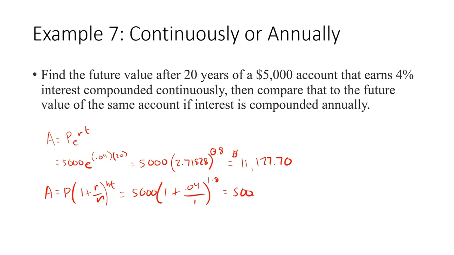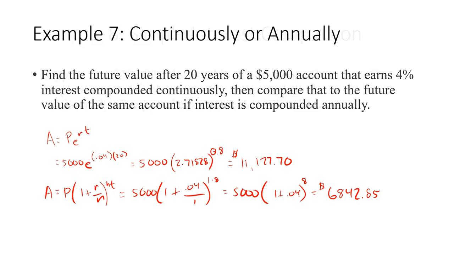That's 5,000 times 1 plus 0.04 to the 8th power. 1.04 to the 8th power times 5,000. And we have an account balance of $6,842.85. So the difference here is significant. When you compound the accounts continuously, you nearly double your money over 20 years, more than double the interest that you earned.